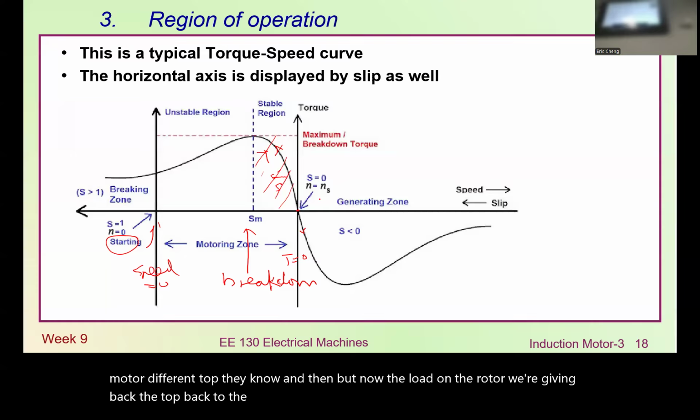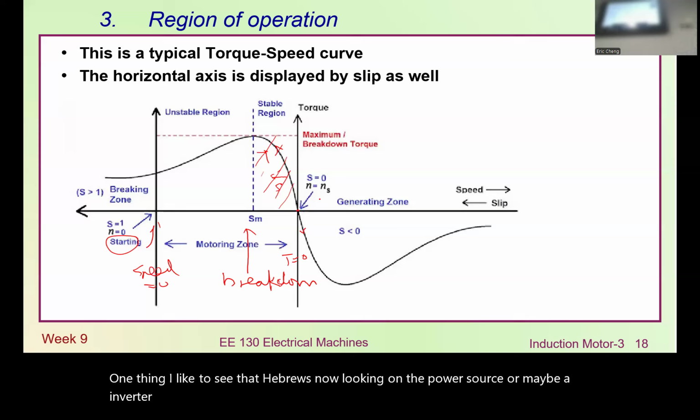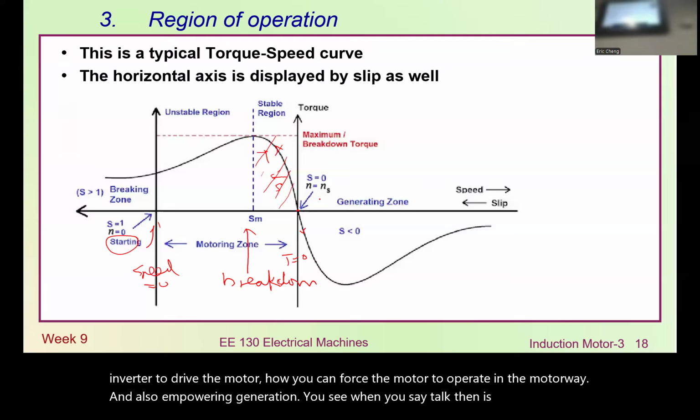But another thing we observe will be the frequency. One thing I'd like to see is that if you're now looking at a power source or maybe an inverter to drive the motor, how can you force the motor to operate in motoring and also in power regeneration? When you say torque, it's quite difficult to control the torque, right?